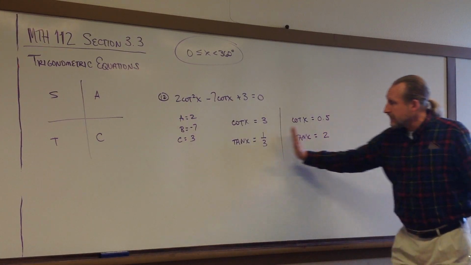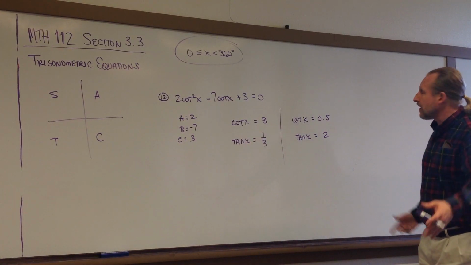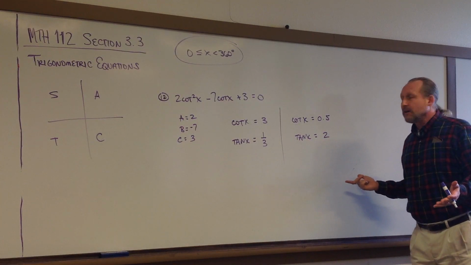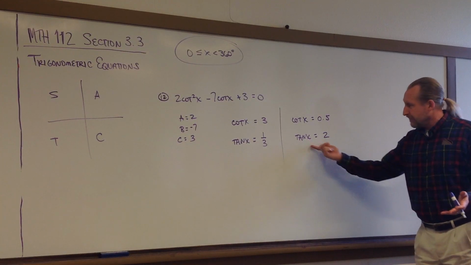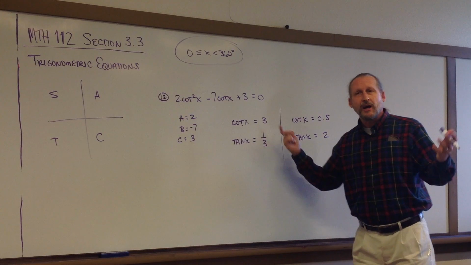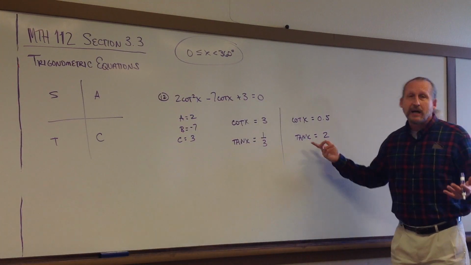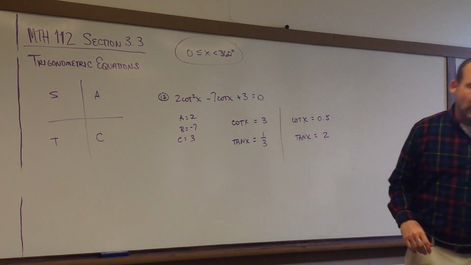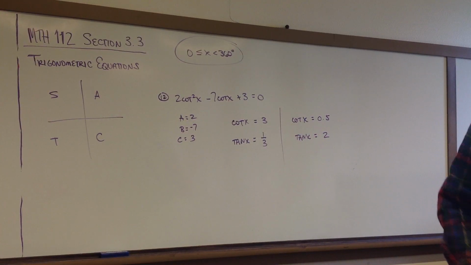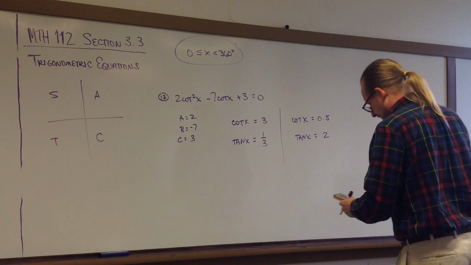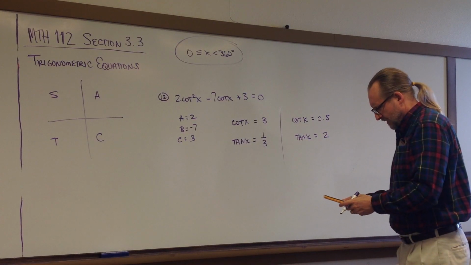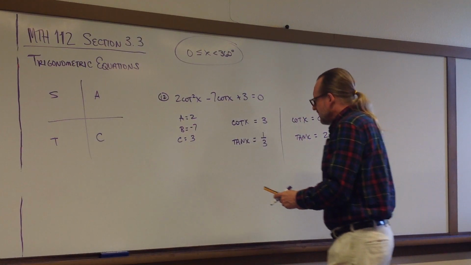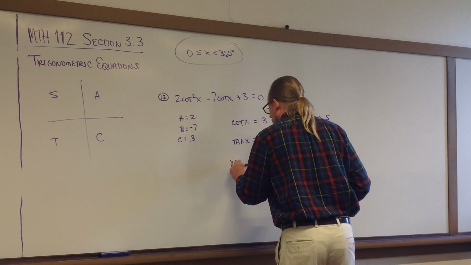Remember, the tangent can take on any value. If you're ever not sure, try doing an inverse function on your calculator, and if it gives you an answer, that's fine. If you do an inverse sine or cosine on 2, you'll get an error message. Okay, so let's look at inverse tangent of 1/3, which is 18.4 degrees.